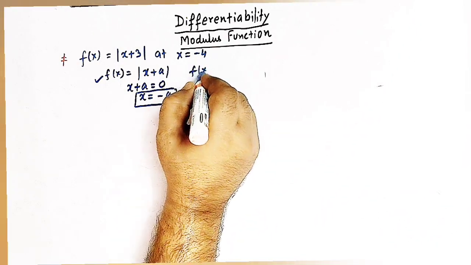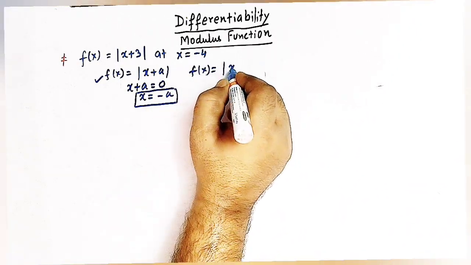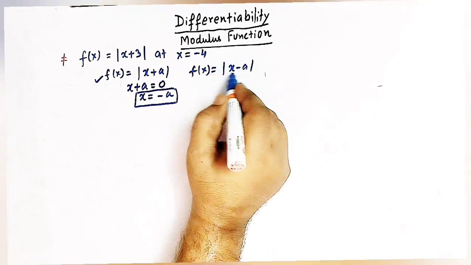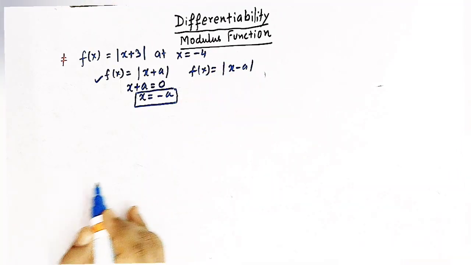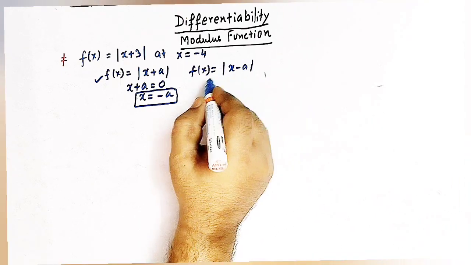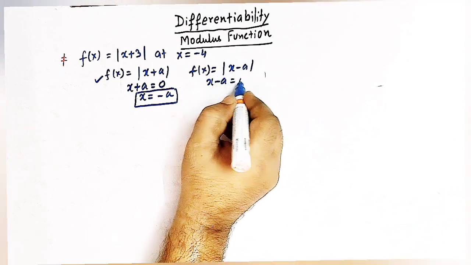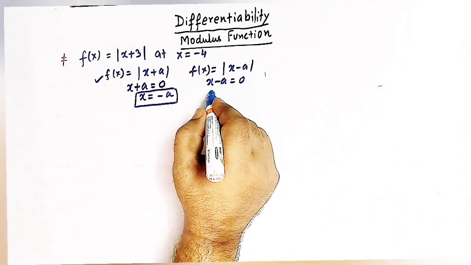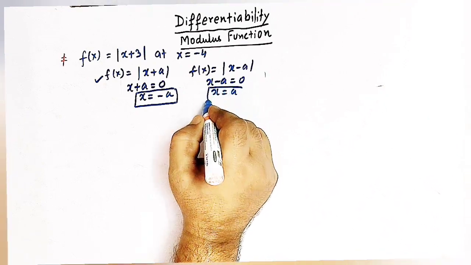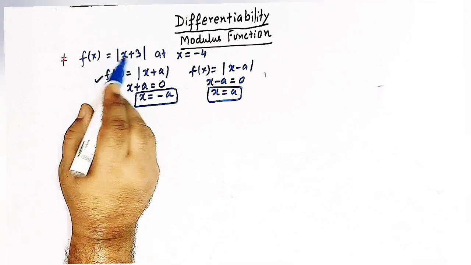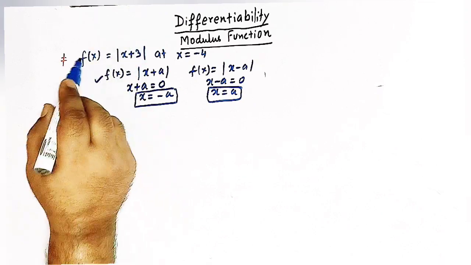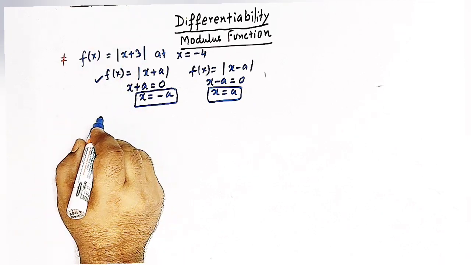Now if we have a function of this type, say mod of x minus a, then this function is continuous for all real numbers, and it is not differentiable at the point where x minus a is equal to 0, that is x is equal to a, right? So in this problem we have the function mod of x plus 3.